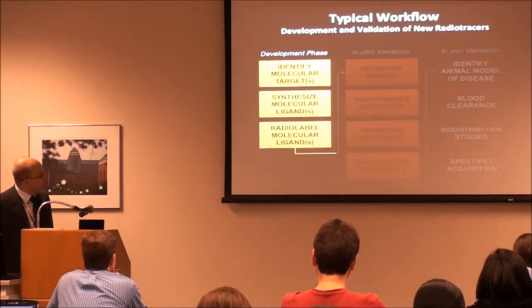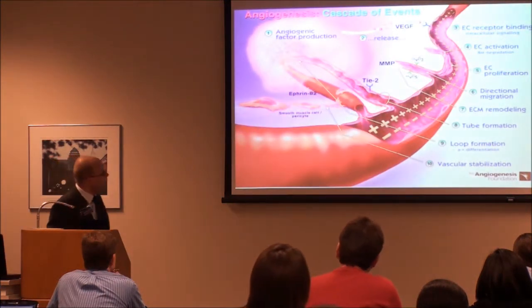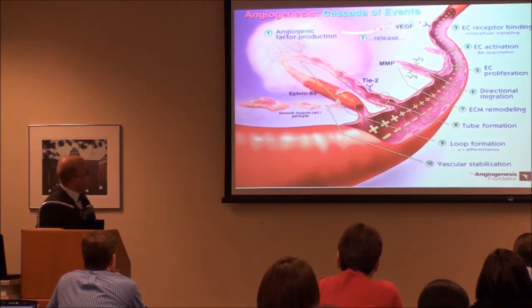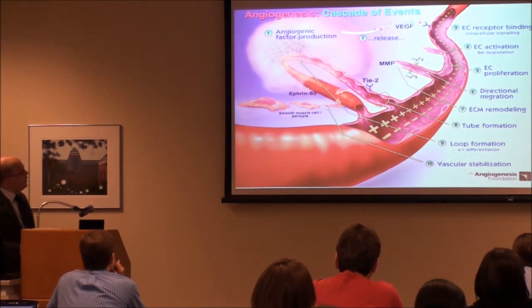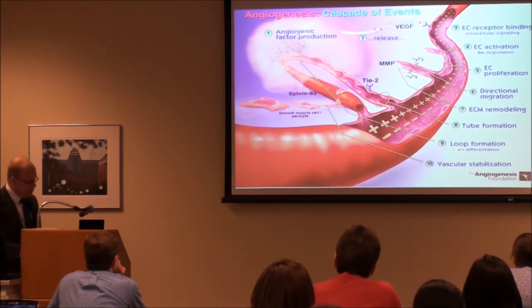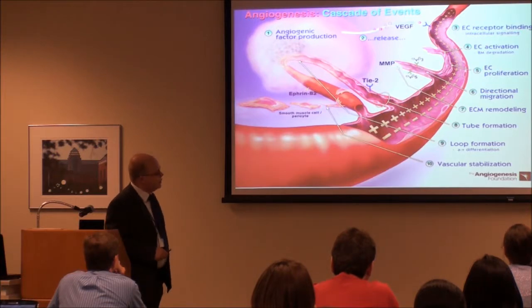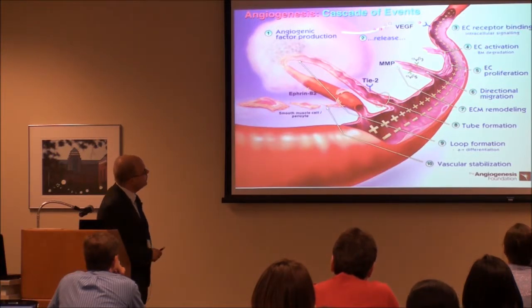Let me first go through the development phase. First, we need to identify the potential targets. In my studies, I'm interested in imaging angiogenesis, which starts from angiogenic factor production. It could be released by tumor cells, or it could be due to hypoxia, like in a heart infarct.